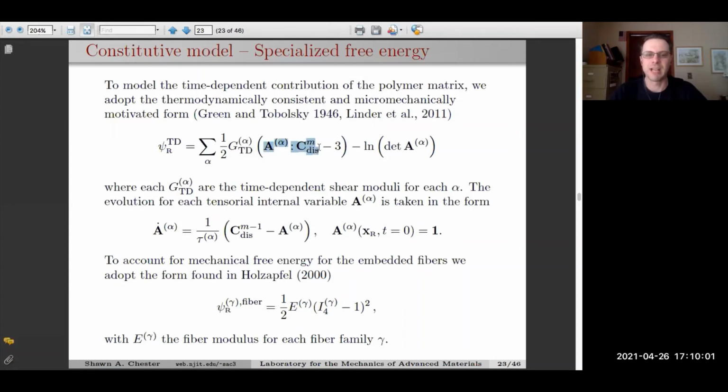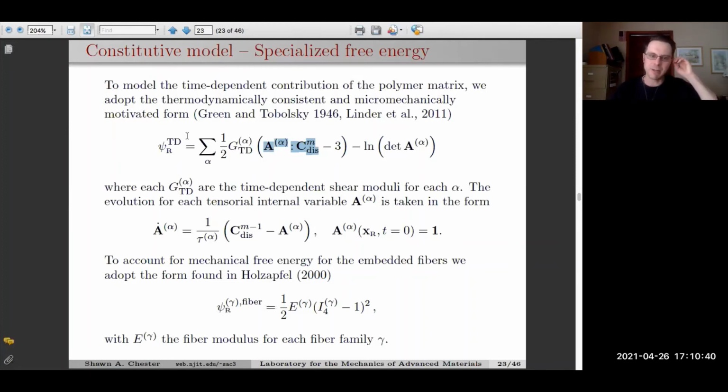The energy depends on how far away an internal variable A is from the distortional mechanical C, and that's a measure of deformation. We make everything here distortional in the sense that it does not include any volume change. So we're assuming that the viscosity or viscoelastic effects are not operating on the swelling, just on changes in shape, but not changes in volume. Right? So that's what the little DIS is to indicate. It's just the change in shape, not change in volume.